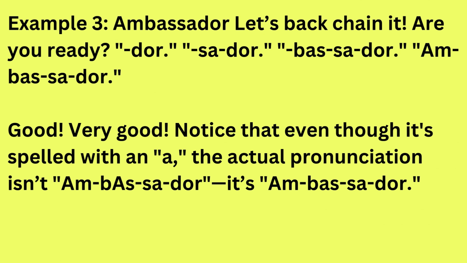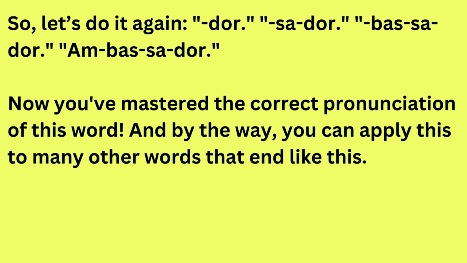It's ambassador. So let's do it again. Dash door. Sador. Bassador. Ambassador. Now you've mastered the correct pronunciation of this word. And by the way, you can apply this to many other words that end like this.